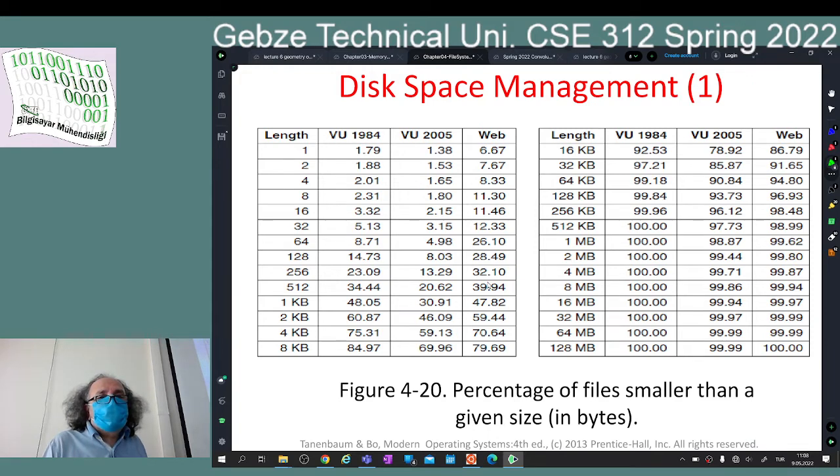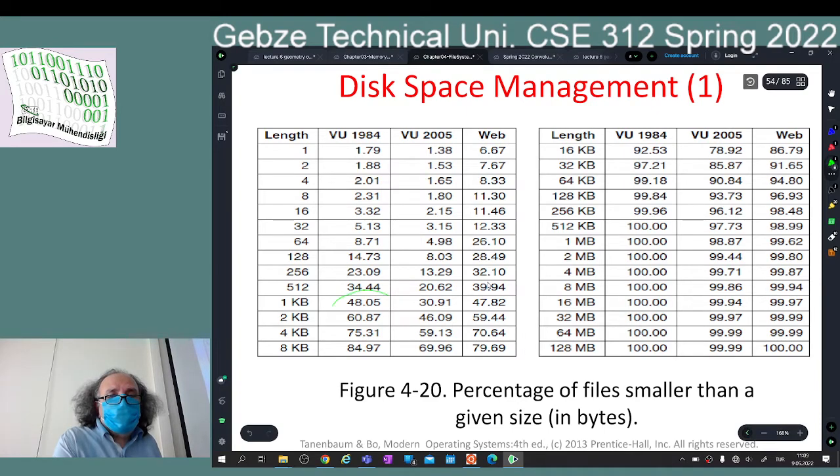In 1984, they compared their file length statistics between 1984 and 2005.